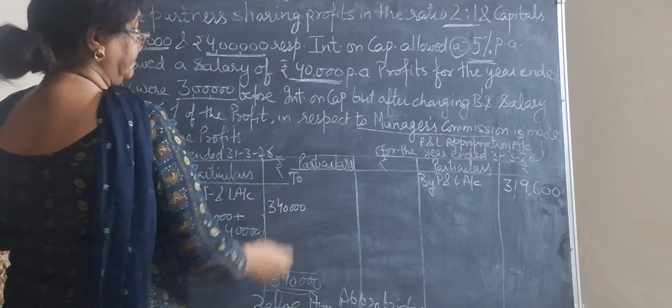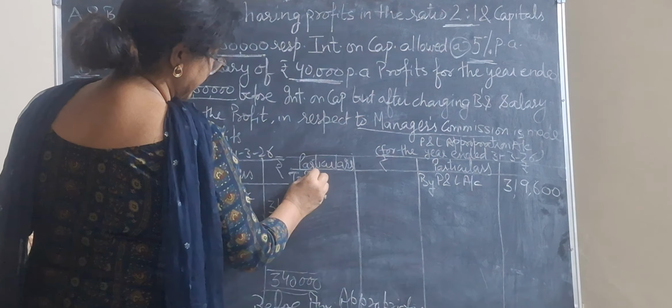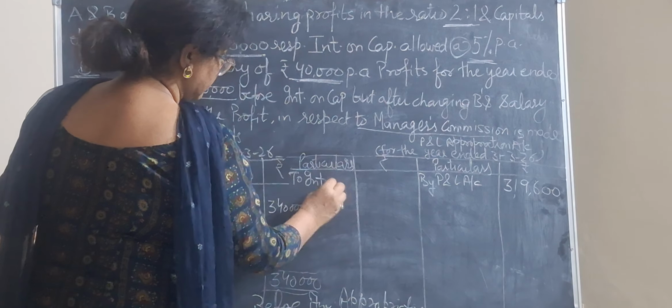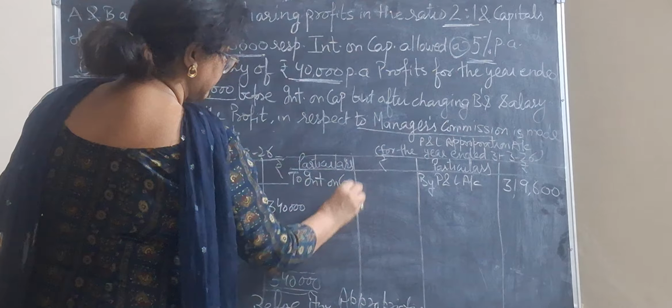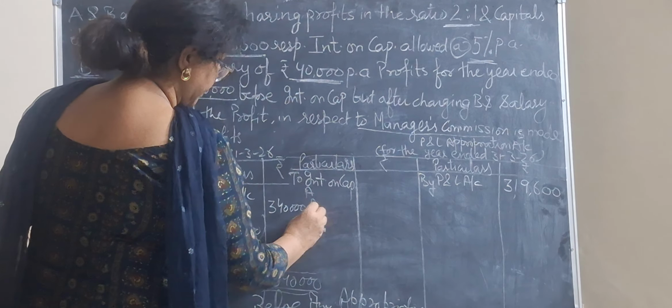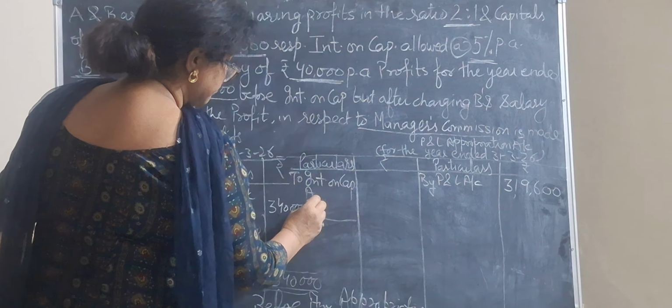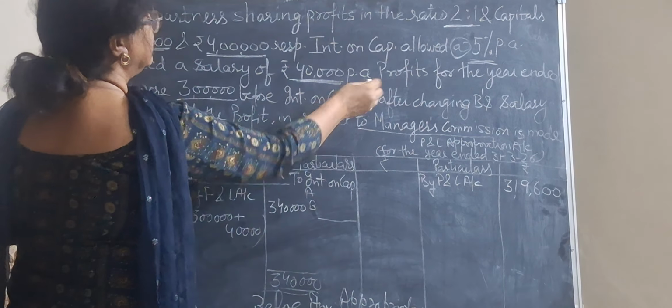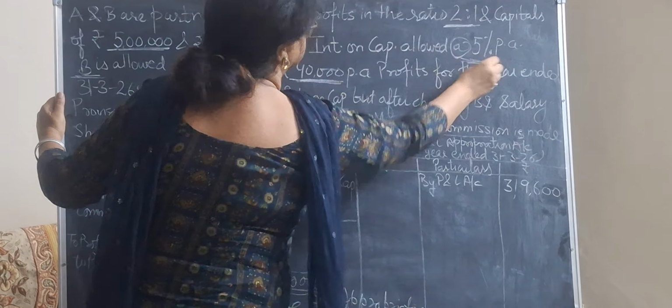Now, the first entry here is interest on capital. How much to whom? To A and to B. What is the percentage of interest on capital? We have 5%.